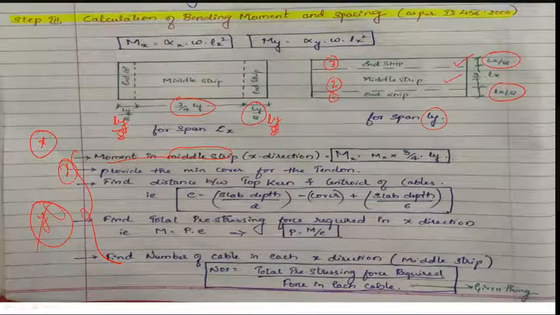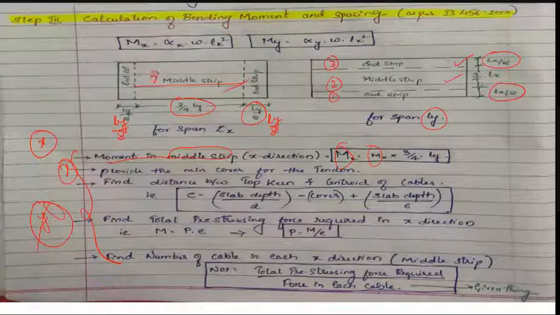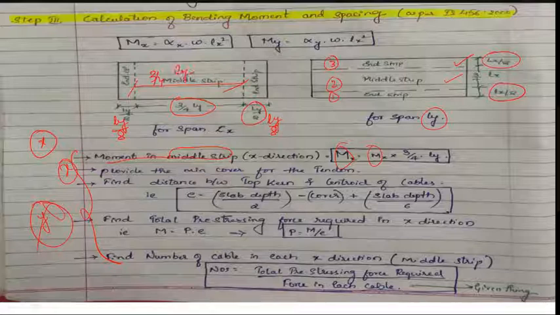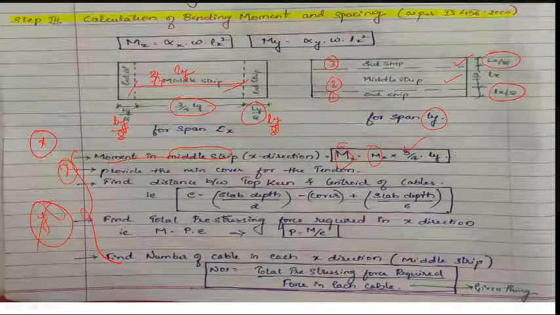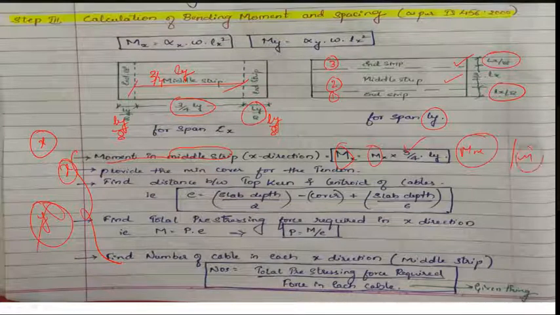I want to determine the moment at the middle strip, so I will take Mx. What is the width of the middle strip? Here you can see the width of the middle strip is 3/4 of Ly. Just substitute here, you will get the moment in the middle strip per meter. Keep it in mind, it will be per meter.